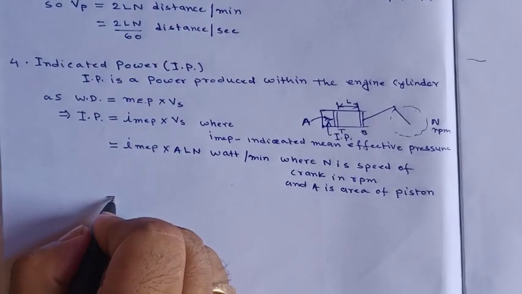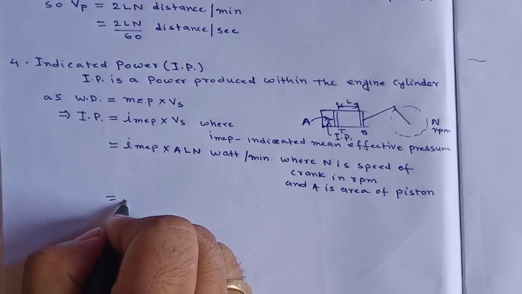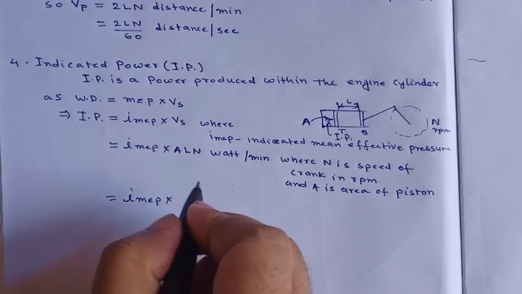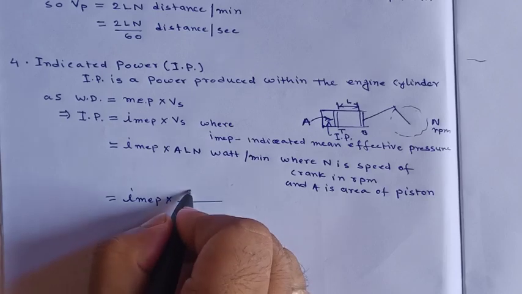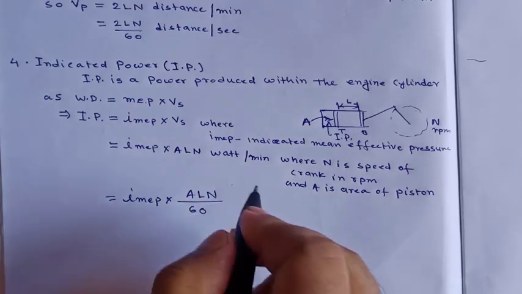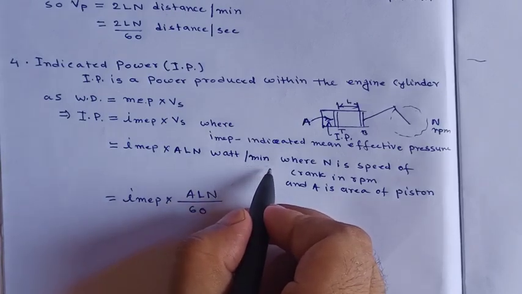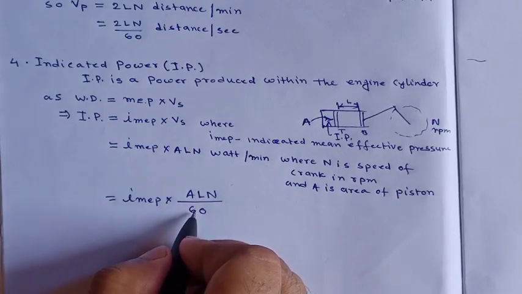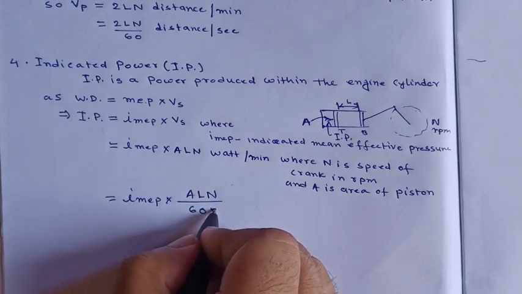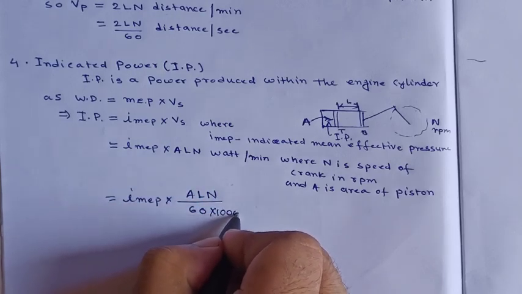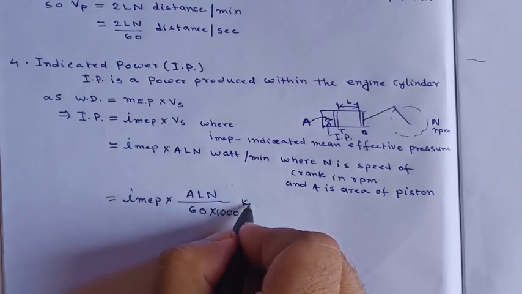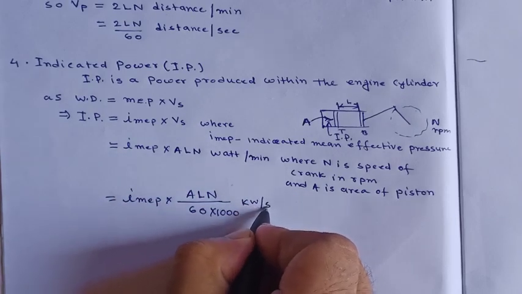Now this equals IMEP into ALN by 60. To convert minute into second, we have to divide by 60, and to convert watt into kilowatt, we have to divide by 1000. The unit will be kilowatt.